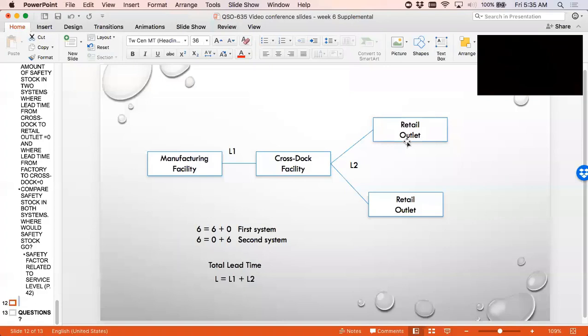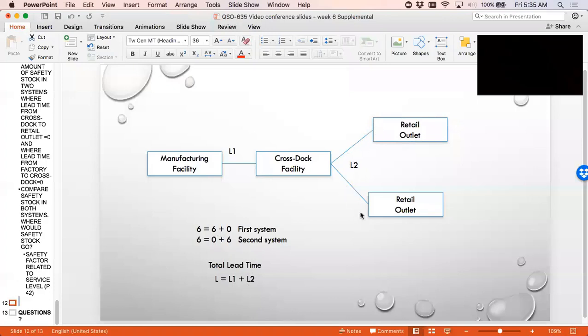Okay, basically you've positioned the cross docks right next to your retail outlets. So if this is the case, then L2 will be 0. In this case, I just use number 6. So obviously all the lead time will be located at L1. And if you look at where the lead time from the manufacturing facility to the cross dock is 0, then all of your lead time is at your retail outlets.